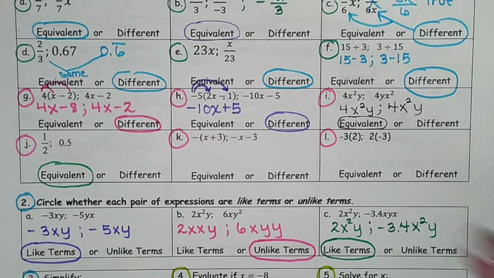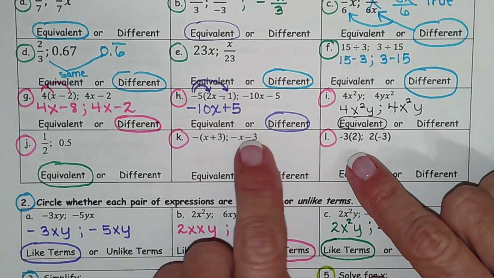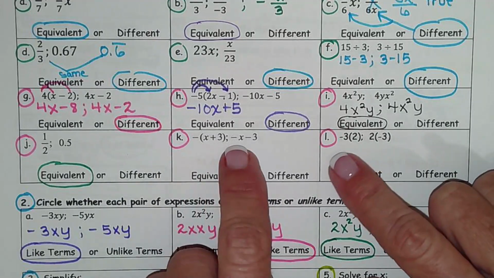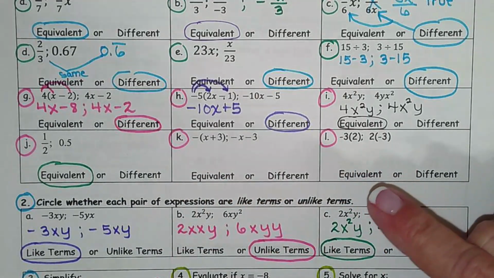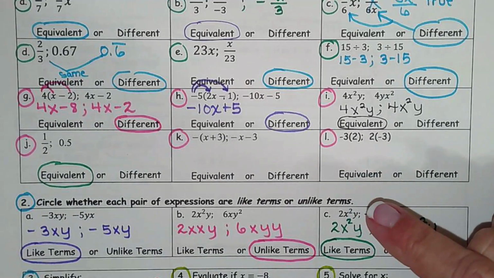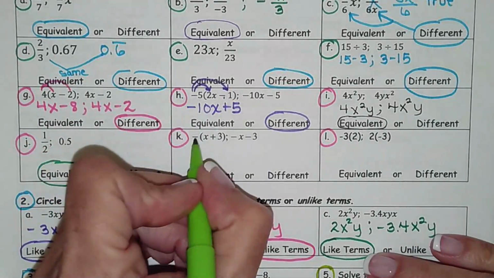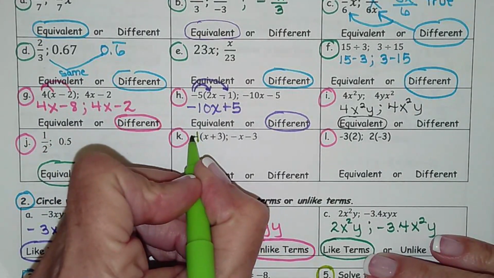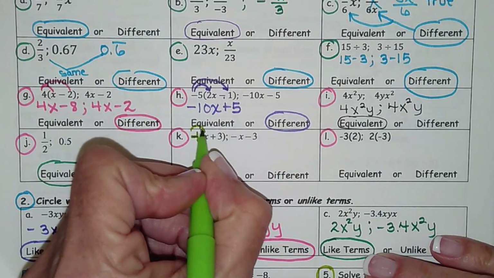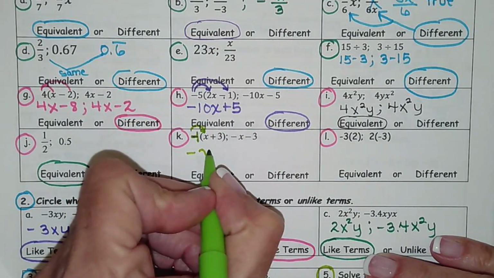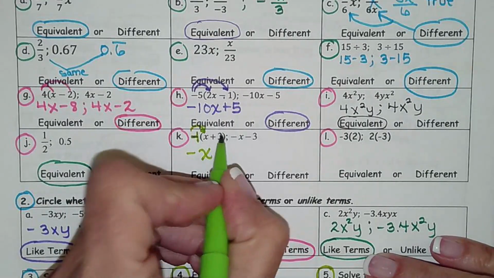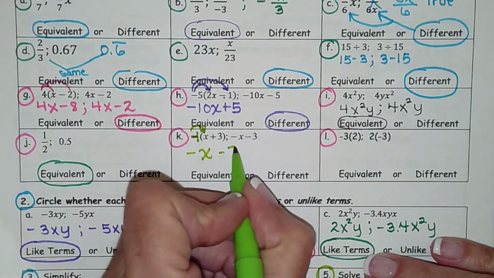And we talked about these two earlier, I think it was in lesson 1. So on this first one, we have to put in a 1. So we're taking negative 1 times x, which is negative x, and negative 1 times 3, which is negative 3.